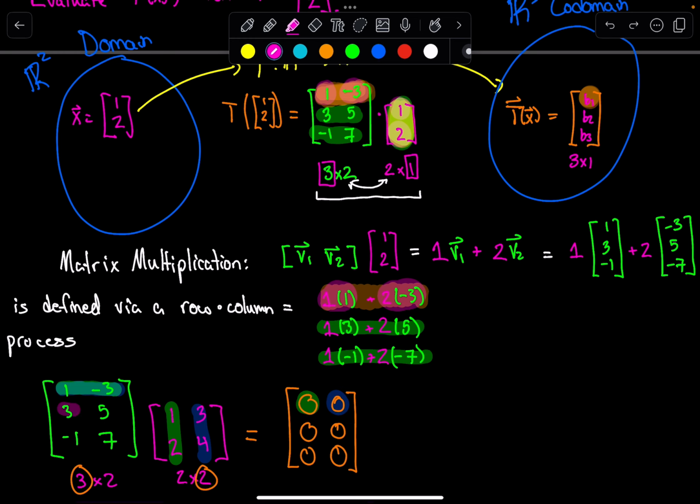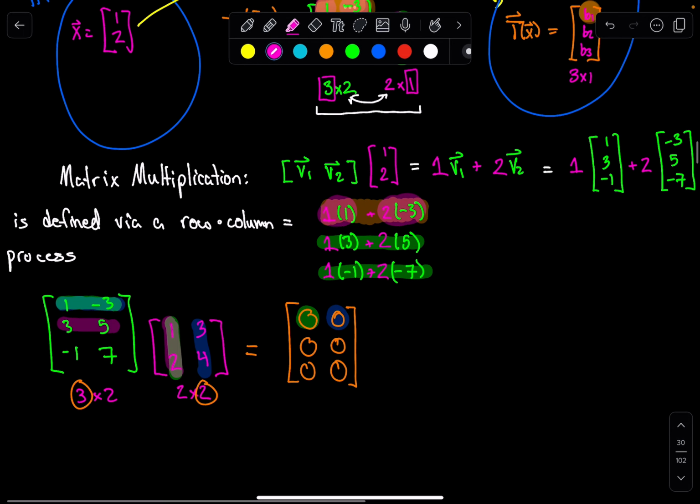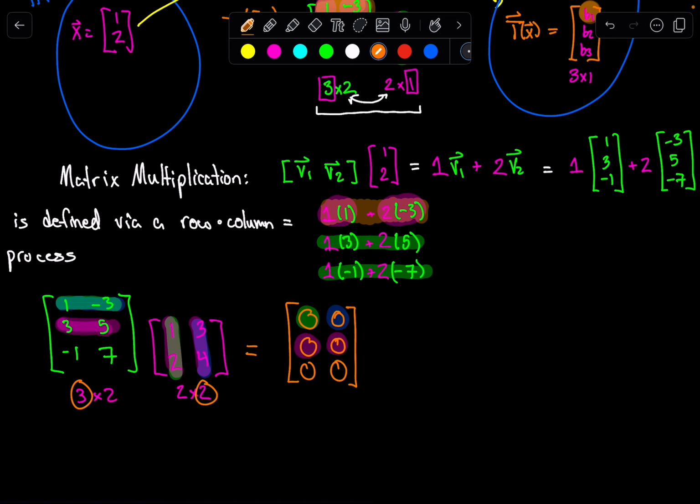If I take row 2, column 1 in the first one, it becomes row 2, column 1 in the solution matrix. If I take row 2, column 2 in the multiplication, it becomes row 2, column 2 over here, and etc.